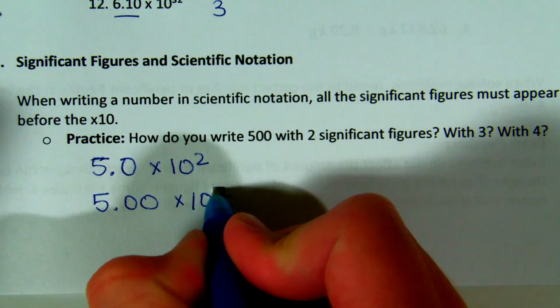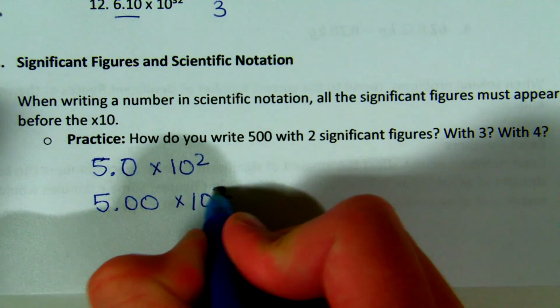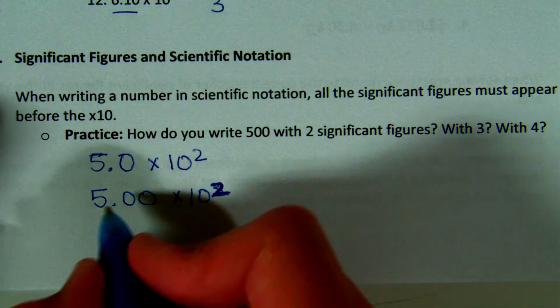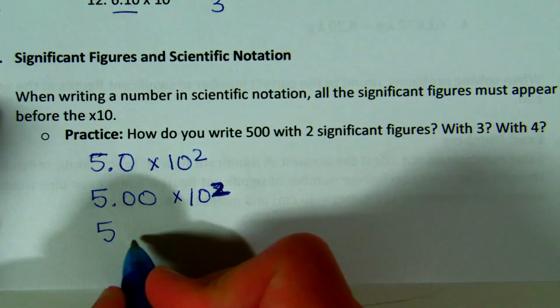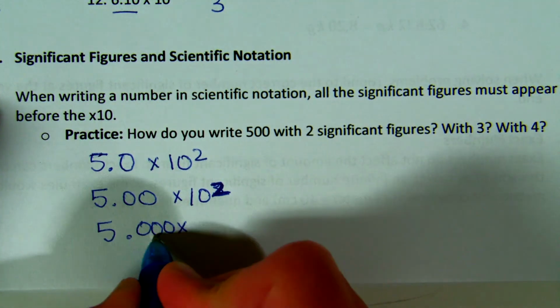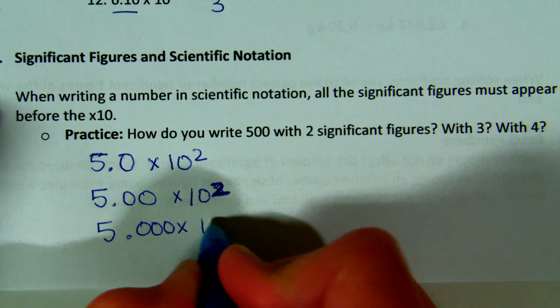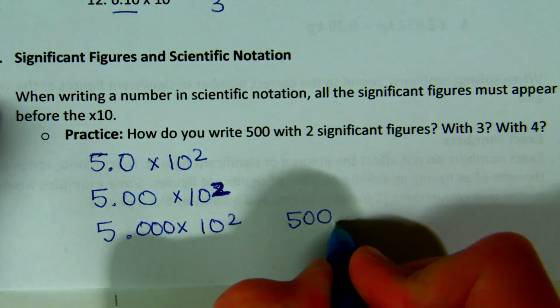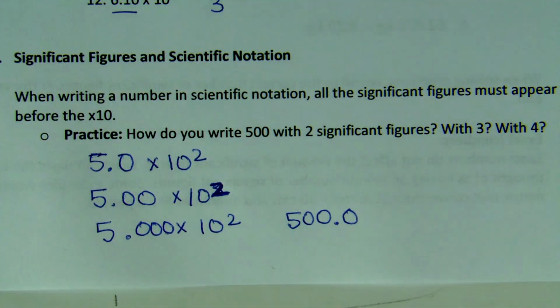Still has to be equal to 500, but now we're showing a total of 3 significant figures. If we wanted to show 4 significant figures, we could write it as 5.000 times 10 to the 2nd, or 500.0 would also show a value of 500 with 4 significant figures.